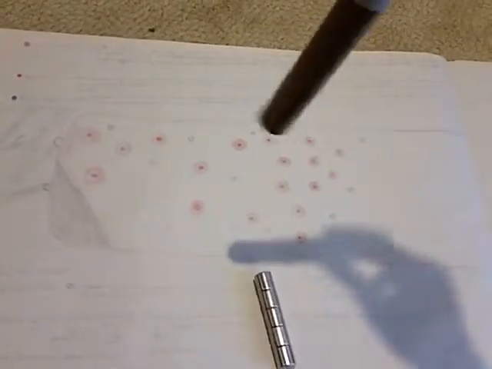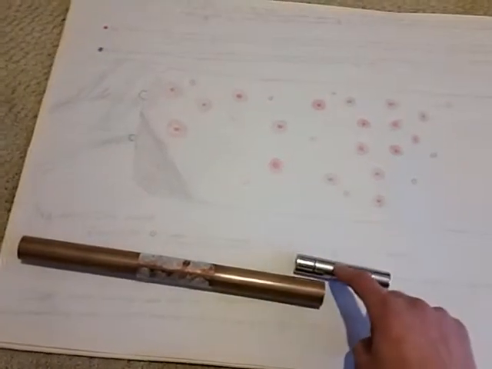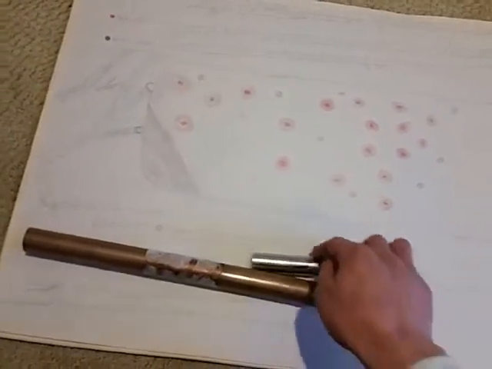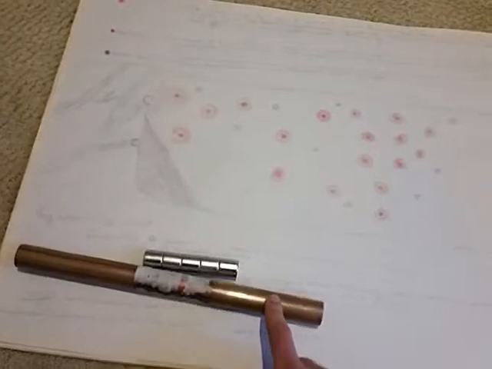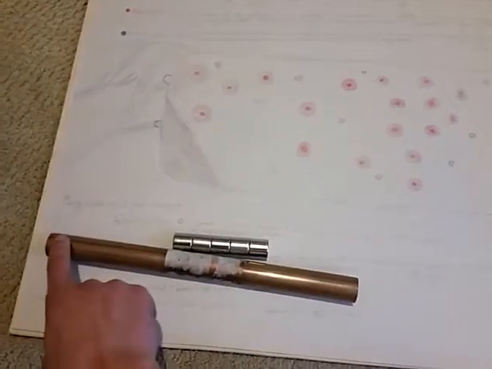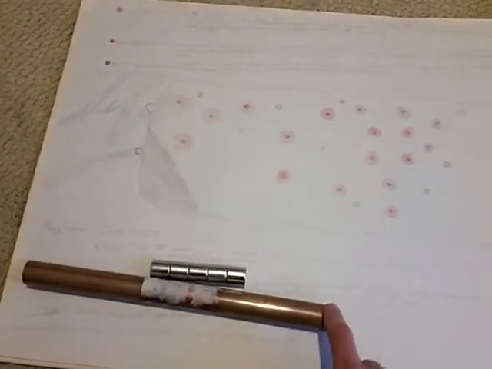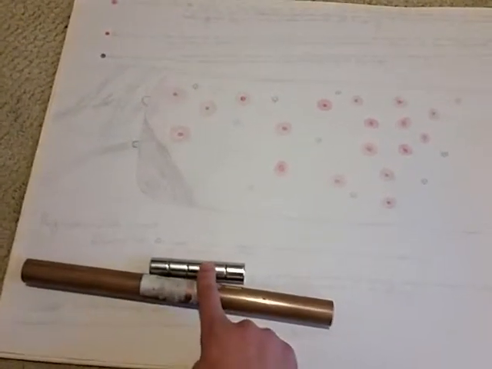The reason why the magnets are falling so slowly is because as the magnetic field that the magnets produce moves through the tube, just like in Newton's law, it produces an equal and opposite charge, meaning the electrical field is equal and opposite, moving in the direction directly opposing the magnetic field.